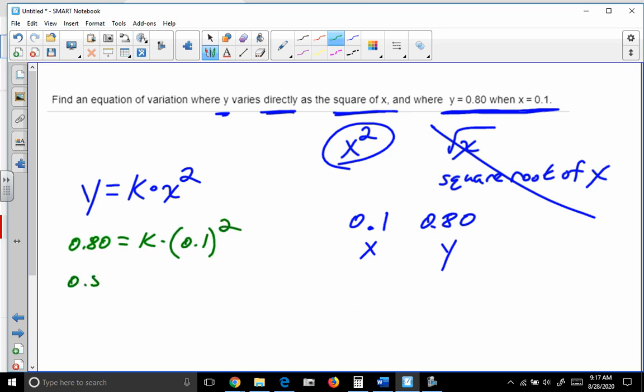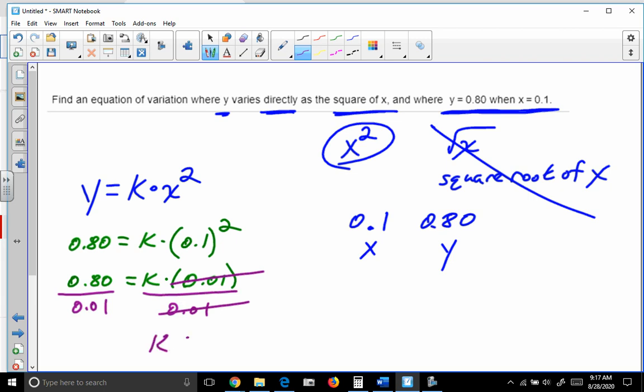So if we square x, 0.1 times 0.1 is 0.01. And if we divide both sides by 0.01, then those cancel. So k is going to be 80.